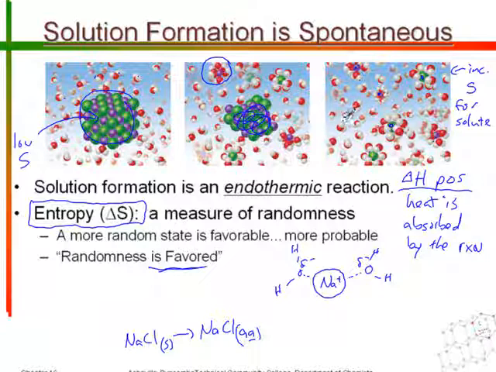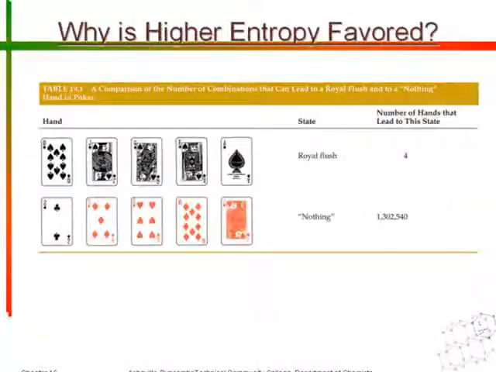That's where we're headed. Okay, but first I want to talk about why this notion of randomness is favored in nature. The example that I'm going to use is from the book. It's different hands of poker, and what does it mean in terms of a statistical analysis, if you will, and how does that relate back to this notion of entropy?